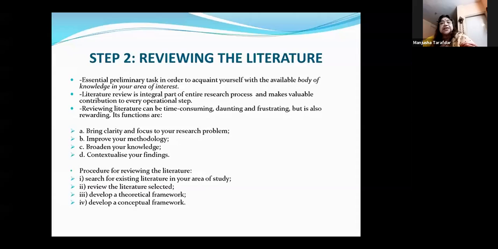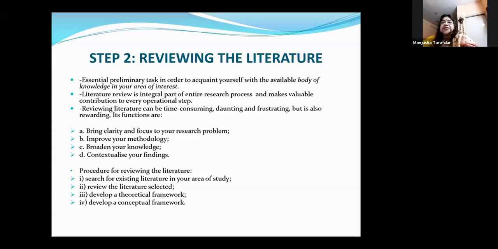It is an essential preliminary task in order to acquaint yourself with the available body of knowledge in your area of interest. You will find that in your area of interest, so many researches have been made in so many journals, and this will give you a clear picture, a clear concept, and will increase your horizon of knowledge in that area.